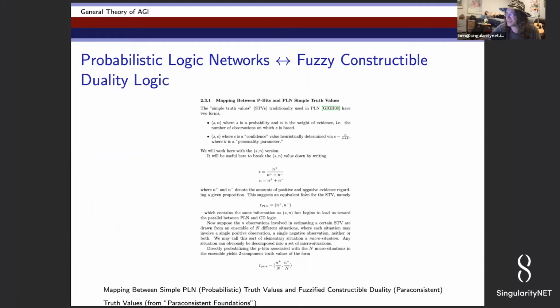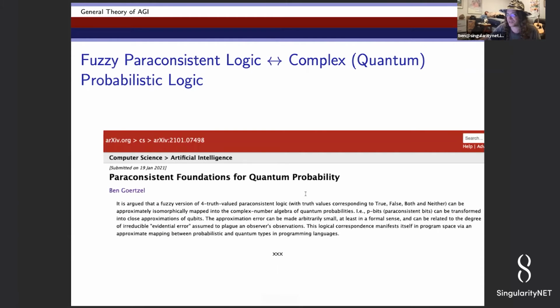And that's interesting because paraconsistent and probabilistic logic are not normally thought to be the same thing, right? And you can take this mapping further. You can map the paraconsistent truth values into quantum probabilities. I don't want to go into that too deeply here. There's a certain approximation error in the mapping.